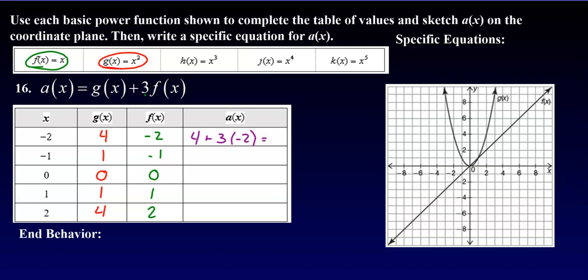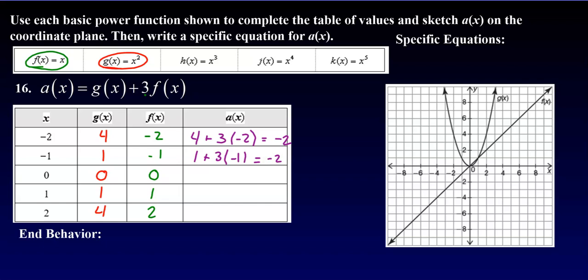Well, negative 2 times 3 is negative 6, plus 4 is negative 2. Okay, we're going to do that with each of these. 1 plus 3 times negative 1. Well, 3 times negative 1 is negative 3, plus 1 is also negative 2.